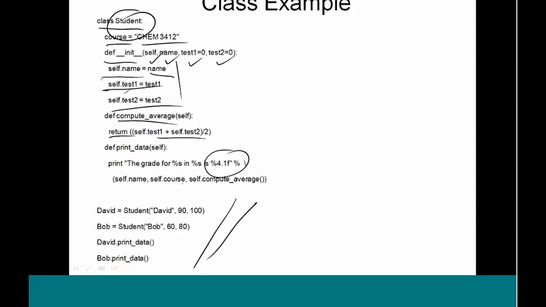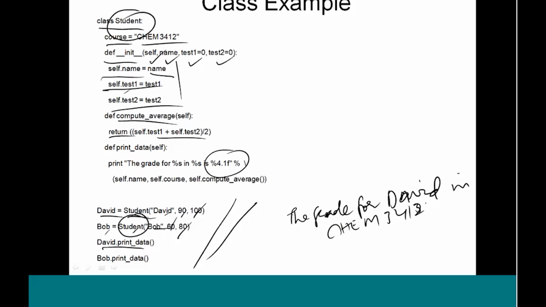So if you have multiple students, you can say David is a student with the attribute David as his name, 90 and 100. Whereas Bob is a student, the base class being the student class, with Bob as the name, and his test 1 and test 2 scores.